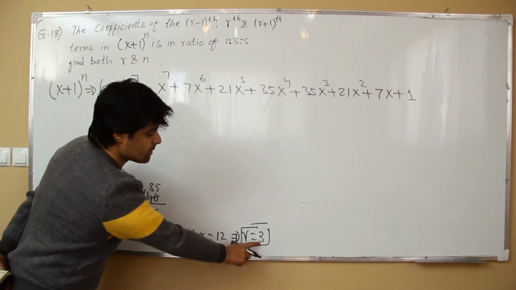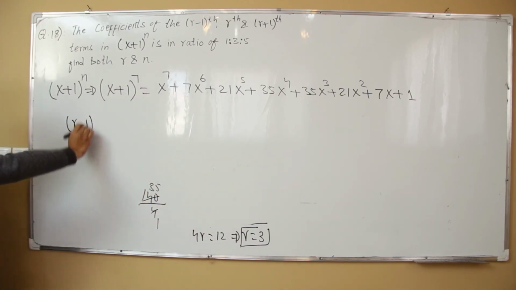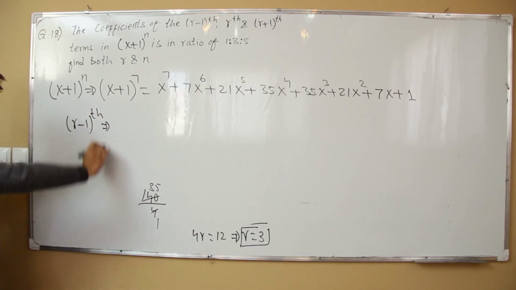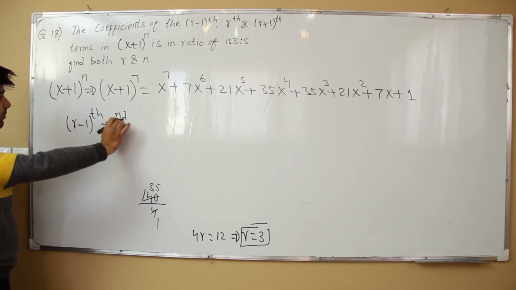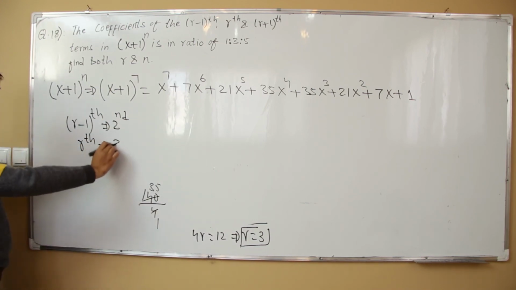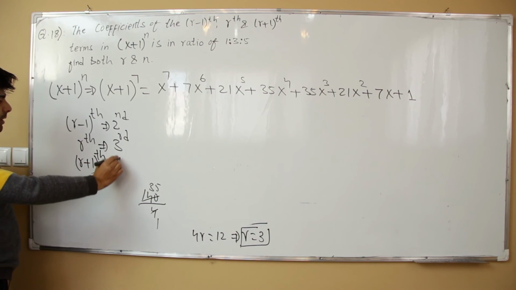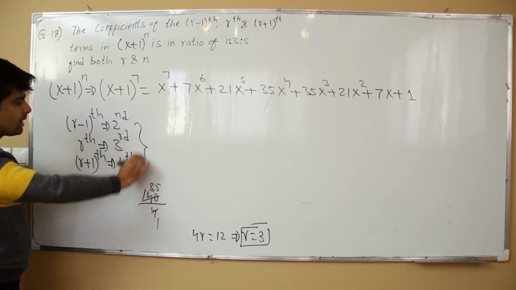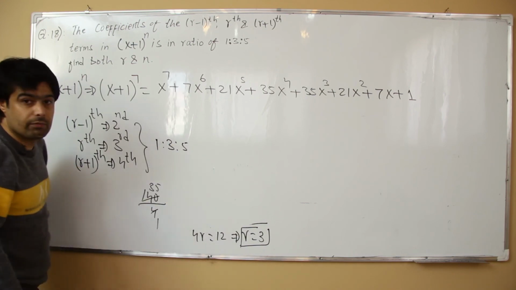Now what is r? It's 3. If you find the r minus 1 term, it means 3 minus 1, the second term. The r term, which is the third term. And the r plus 1 term, which is 3 plus 1, the fourth term. They are in the ratio of 1 by 3 by 5.